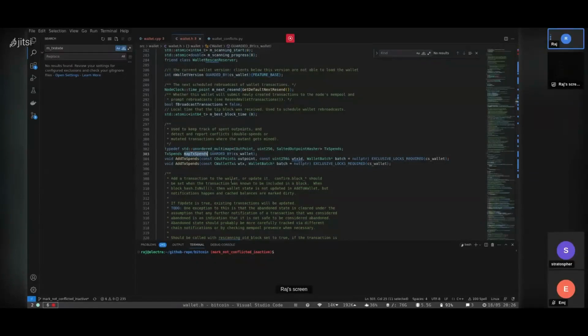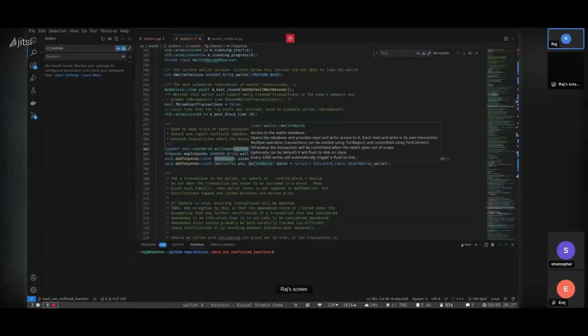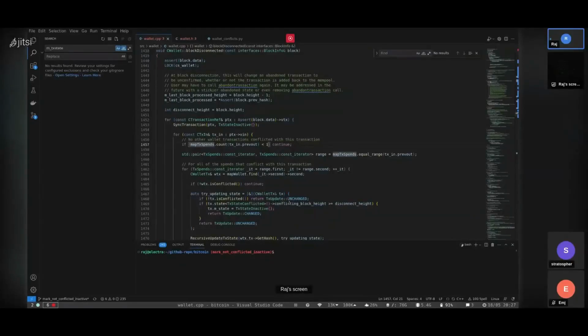In theory, you can have multiple transactions spending a single outpoint. That means it's a conflict, right? A single outpoint should not be spent by multiple transactions. If we have a situation like that, then that denotes a conflict. And I'm not sure whether the mapTxSpends logic takes in from there.